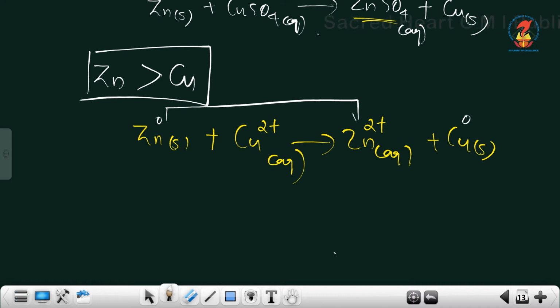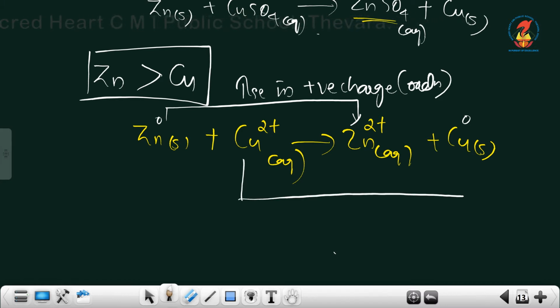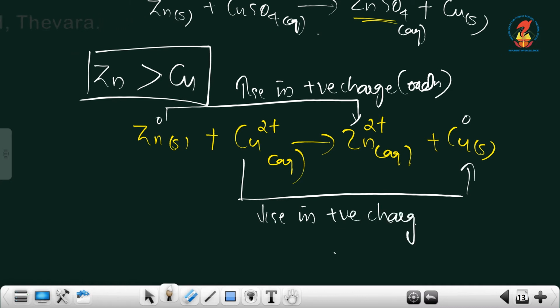There is an increase in positive charge, that means it is undergoing oxidation by losing electrons. At the same time, Cu2+ becomes 0, that means there is a decrease in positive charge, that means it is undergoing reduction by gaining electrons.